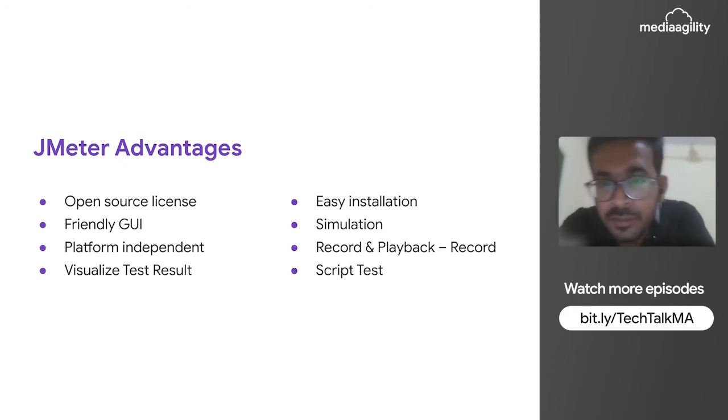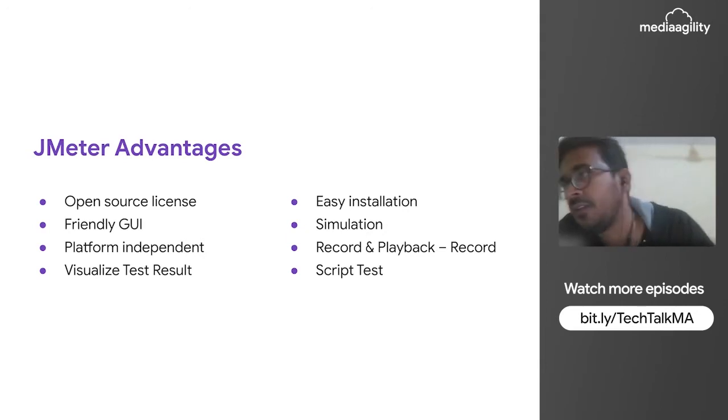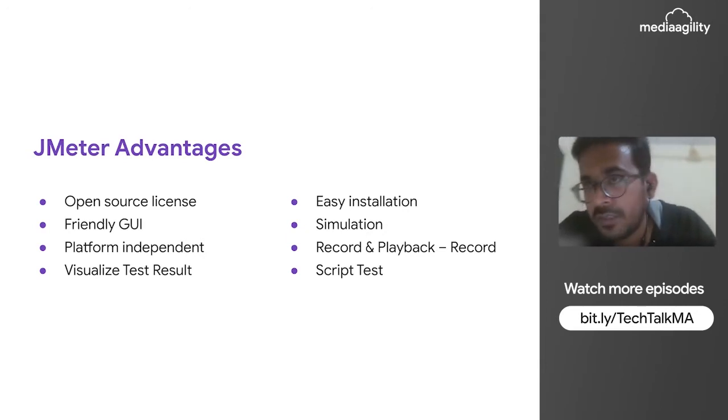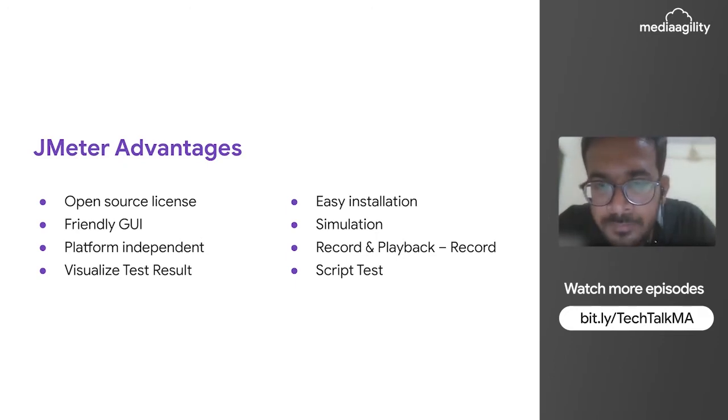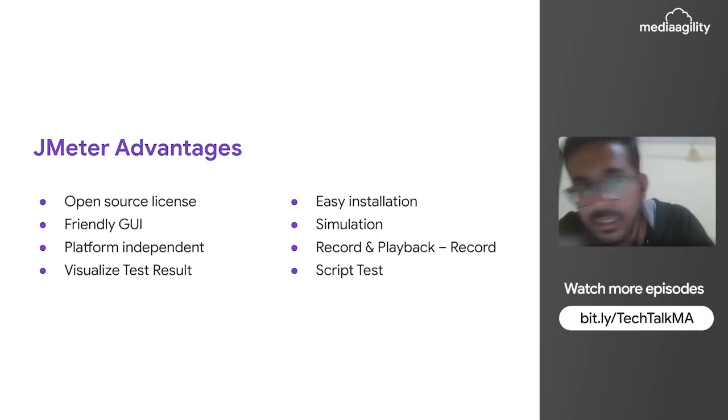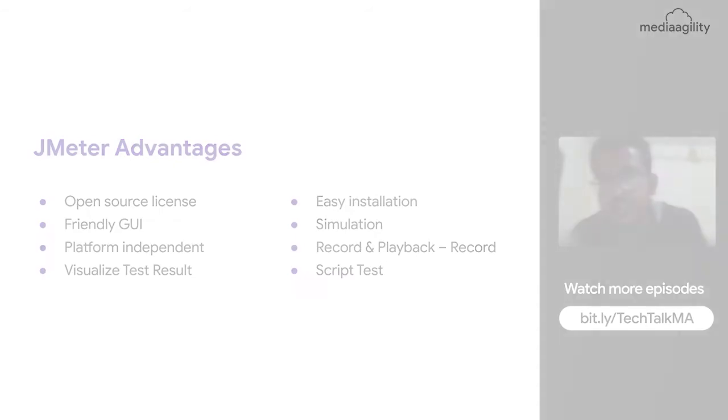It offers simulation, like I said, we can concurrently test thousands of threads using JMeter in a distributed manner, and it also offers a record and playback option, where we can record user behavior and load test that particular behavior using JMeter. It also offers script testing, so we can integrate JMeter with Selenium as well, and we can write scripts to use JMeter, and with other scripting languages also, like Bash shell.